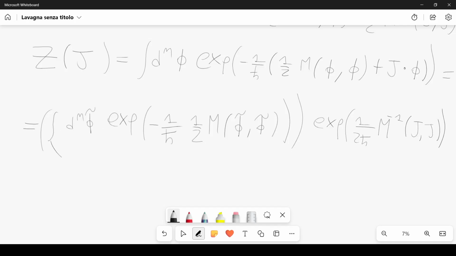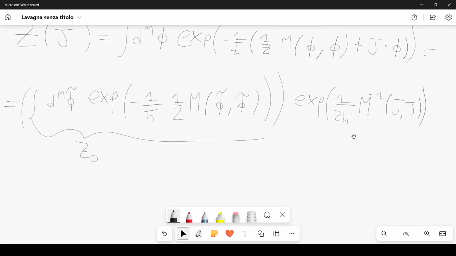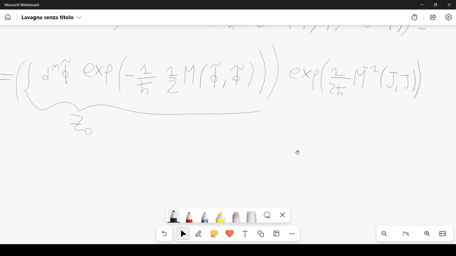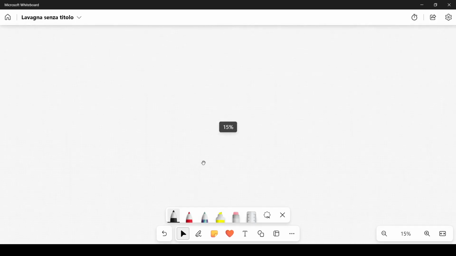We know how to evaluate this expression, because this is simply Z_0. It's exactly Z_0, because the only difference is that the variables are called phi tilde, but the form of the integral is exactly the same, and therefore also the result will be the same. So all in all, now let me zoom in a little bit.